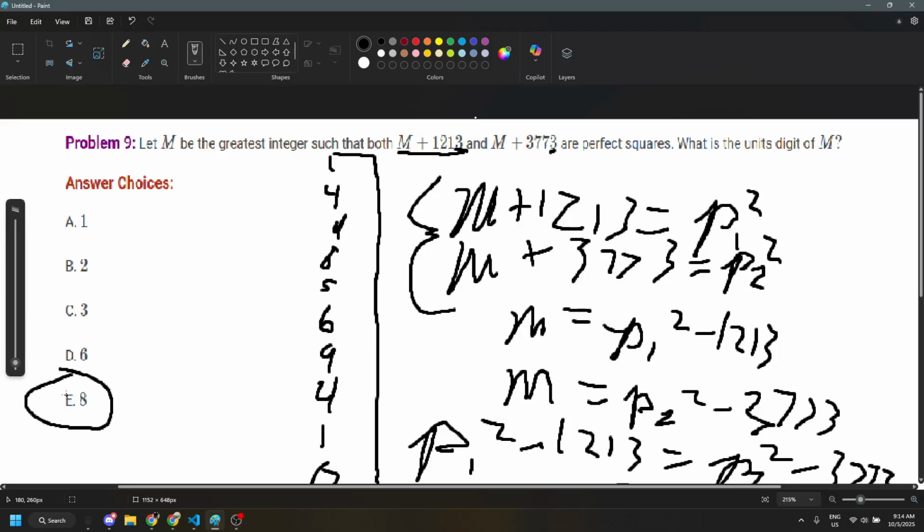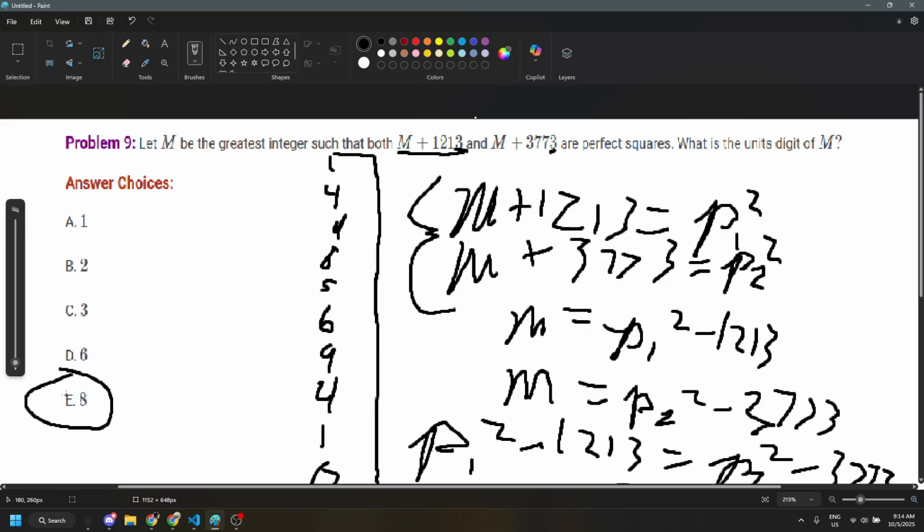This is the website with it. This, yeah, AMC 2024. Solution for number 9 is... Oh, it is 8. I got that right.